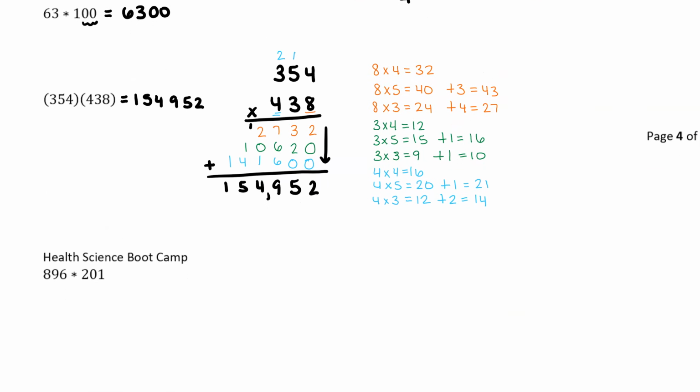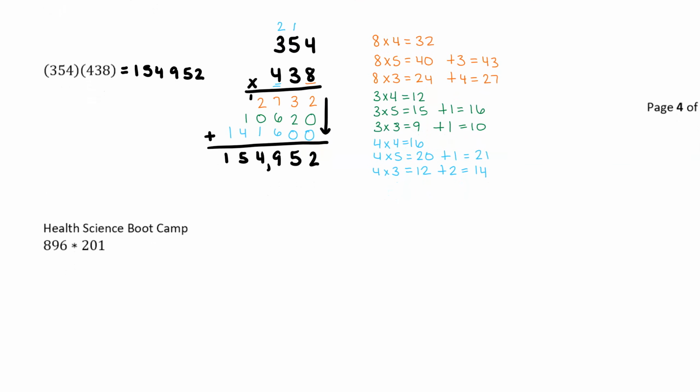Let's try one more. 896 times 201. So we'll start with 1. So 1 times 6 makes 6. 1 times 9 makes 9.